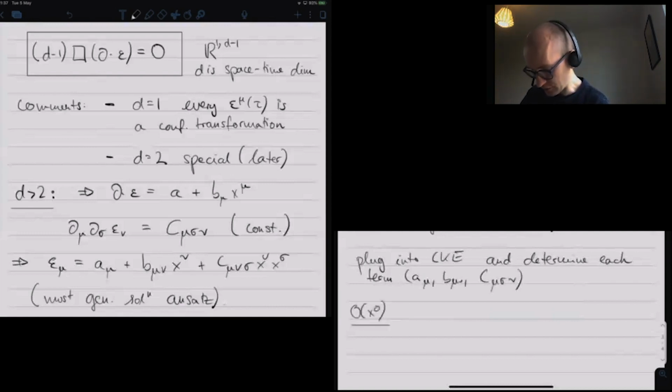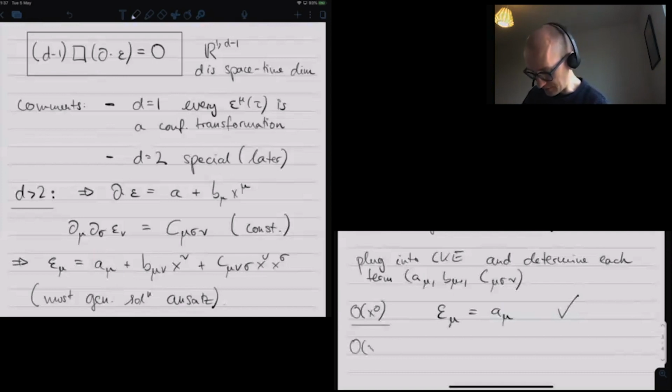So we have order x to the power 0. Then actually any epsilon mu of the form A mu solves the conformal Killing equation, so there is no further constraint on the parameter A mu.